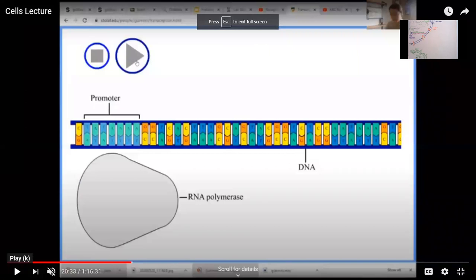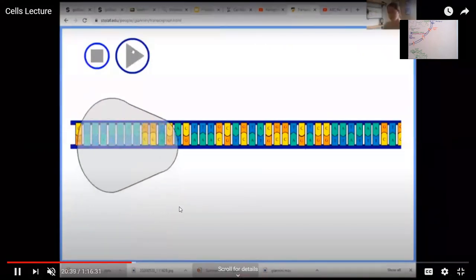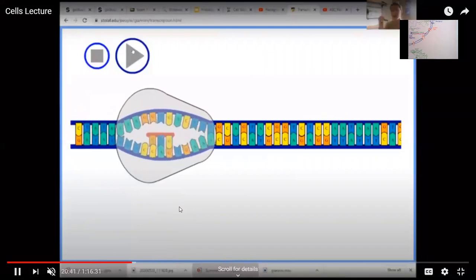Okay, so before I play this, what I want to point out is that this here is DNA, right? Double-stranded complementary bases, the whole nine yards, RNA polymerase. RNA polymerase is going to bind to the promoter, so we don't have to know that much detail, but to a particular part of DNA.